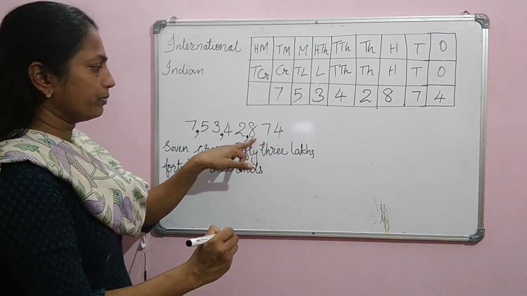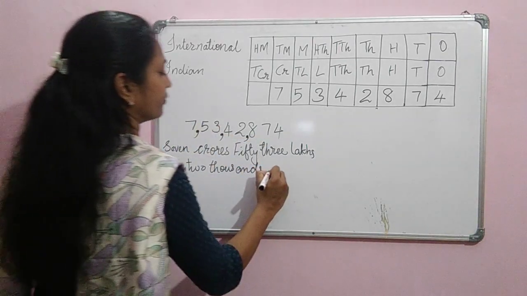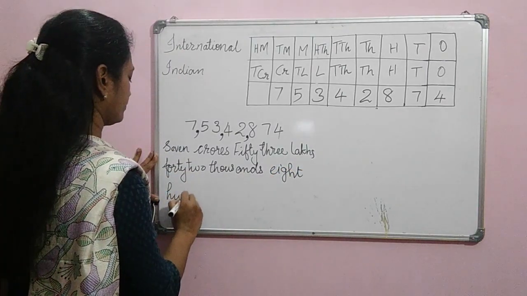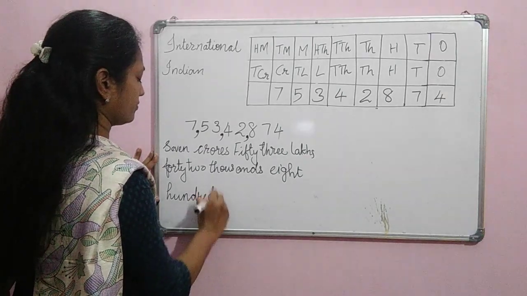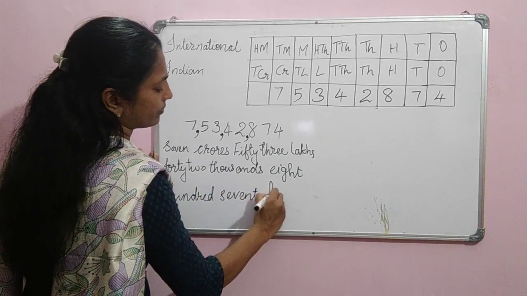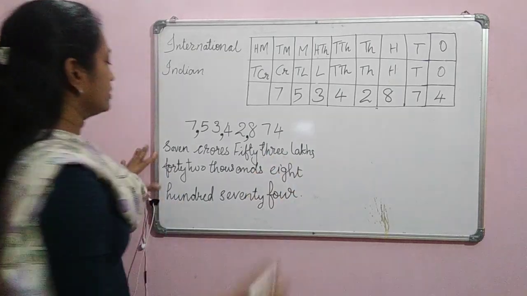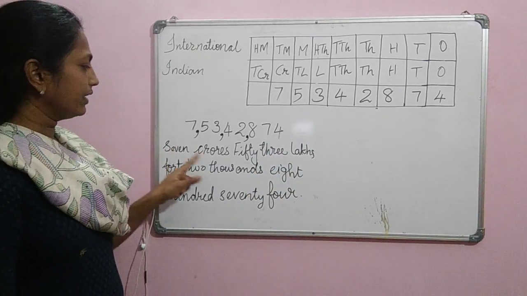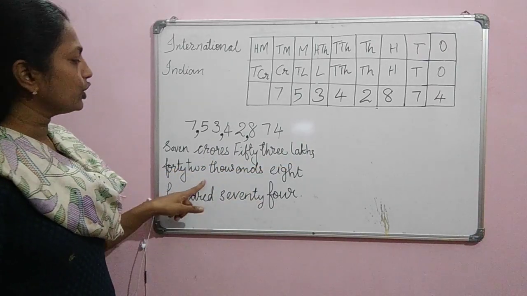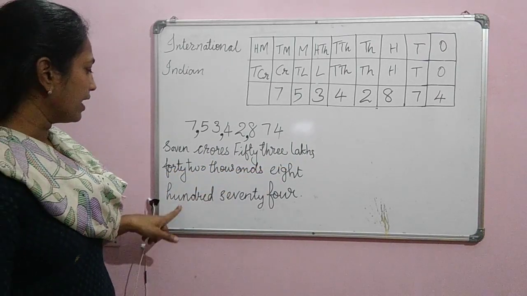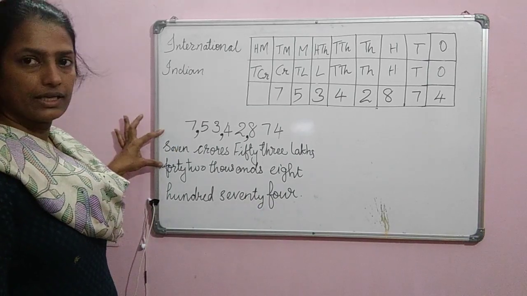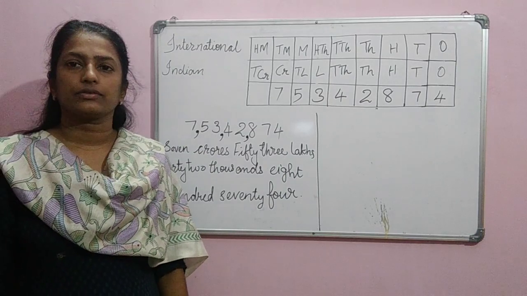Next, last group, 874. So the number is 7 crores 53 lakhs 42,874. So this is Indian system of numeration.